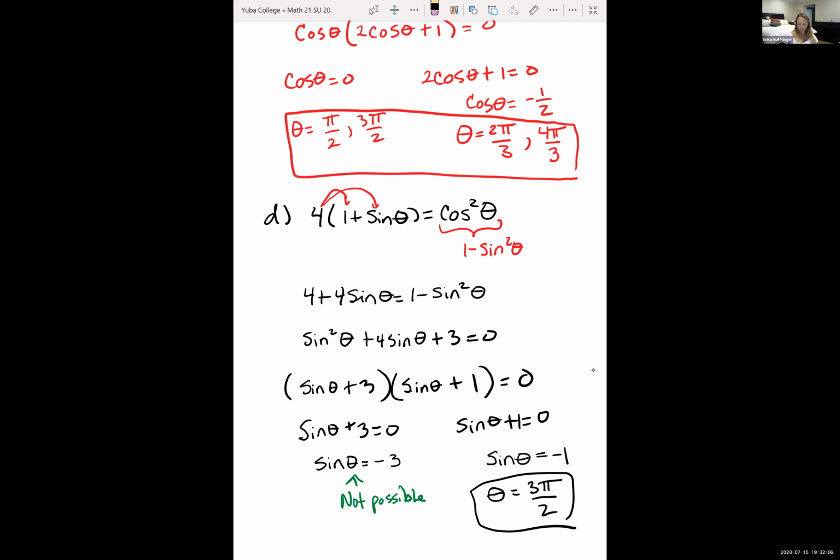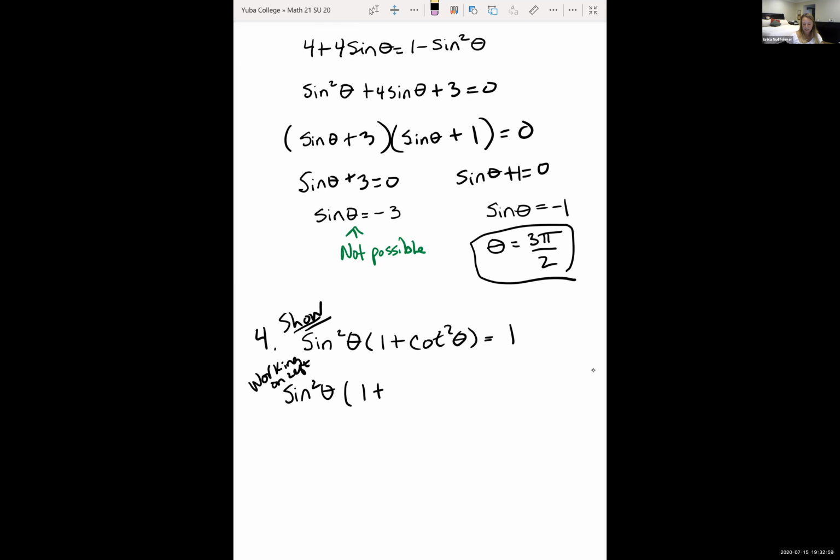So let's rewrite cotangent in terms of sine and cosine. So working with the left, sine squared theta all times 1 plus, well, cotangent squared theta, cotangent's the same thing as cosine over sine. So this would be cosine squared theta over sine squared theta.